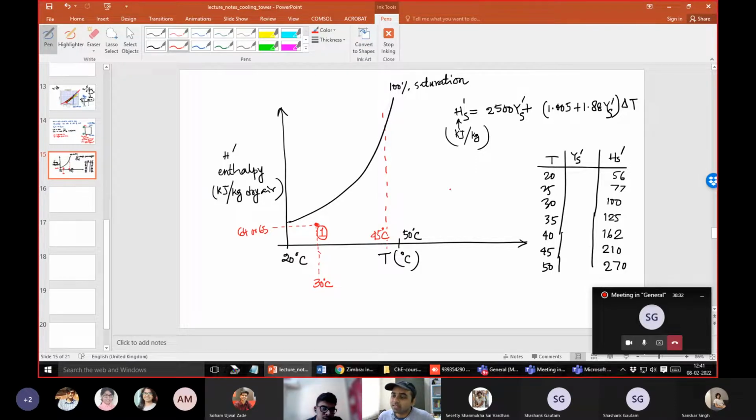That's the reason why you note down the tabulated values. At 30 degrees, this equilibrium curve has a value of 100, whereas for this case where the air is partially saturated, the value is 64 or 65. So that is much below this curve.